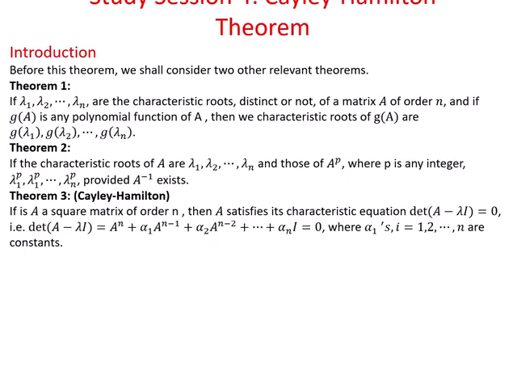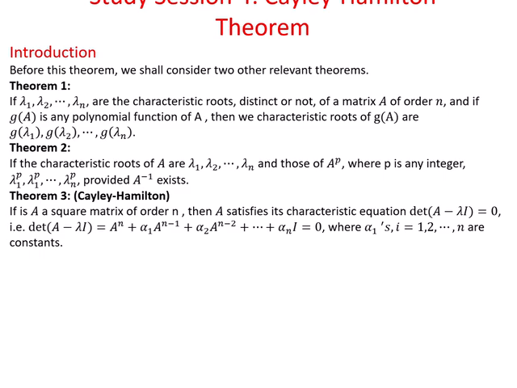The first theorem: if lambda 1, lambda 2 to lambda n are the characteristic roots of the matrix A of order n, and if g of A is any polynomial function of A, then the characteristic roots of g of A are given as g of lambda 1, g of lambda 2, up to g of lambda n. That is the first theorem.